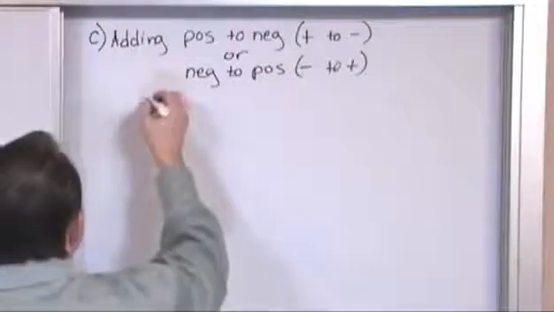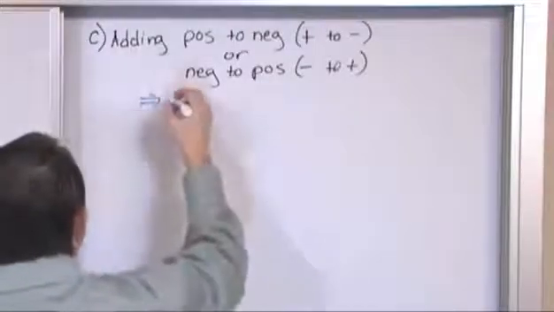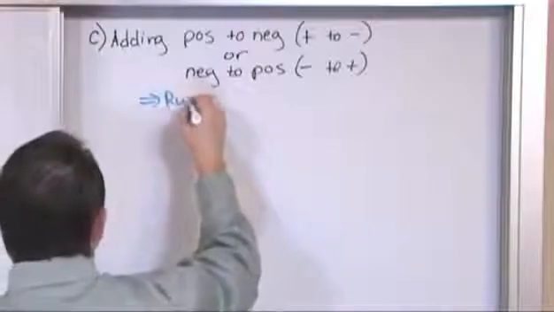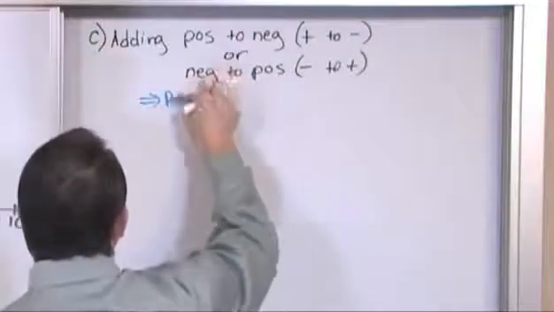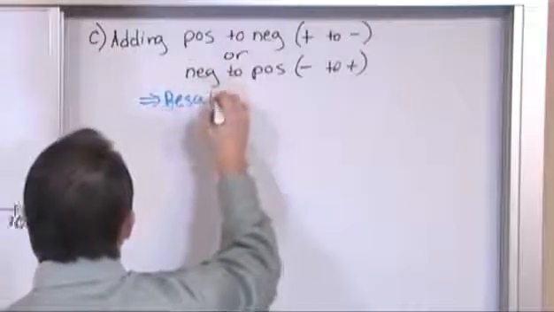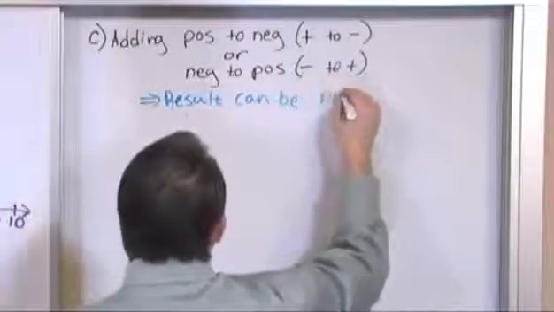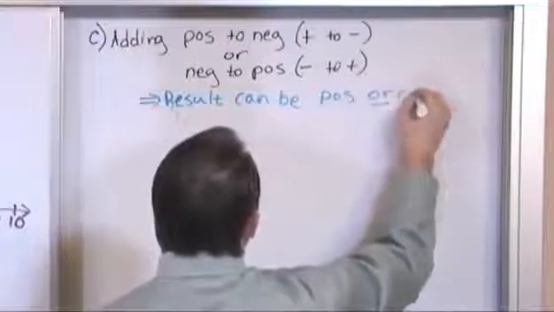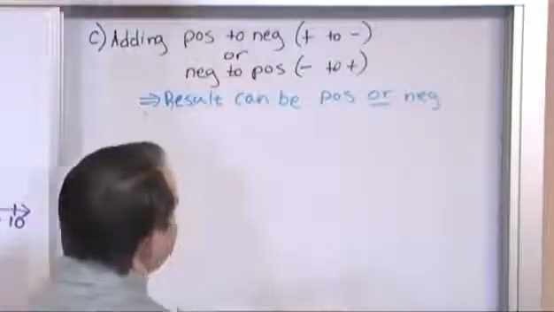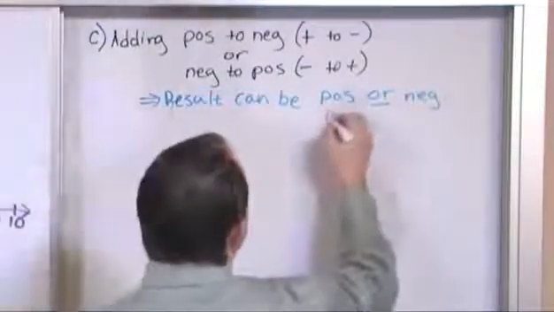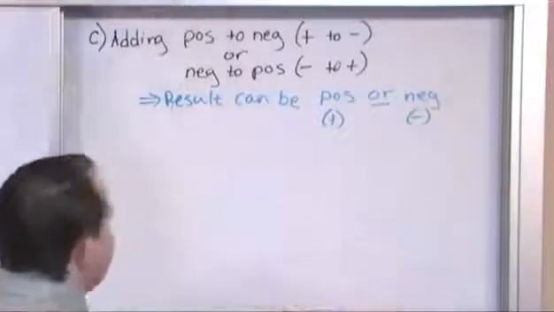So what you're going to do in this case, the result can be positive or negative. So this is where it gets a little bit tricky to people. It could be a positive number or a negative number in the answer.